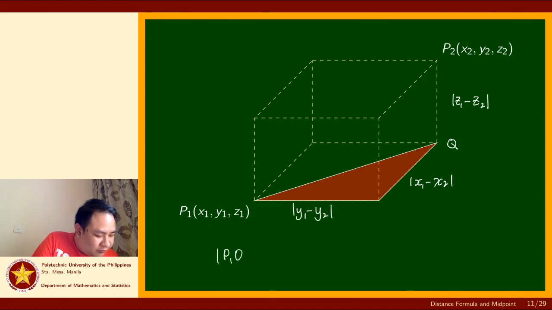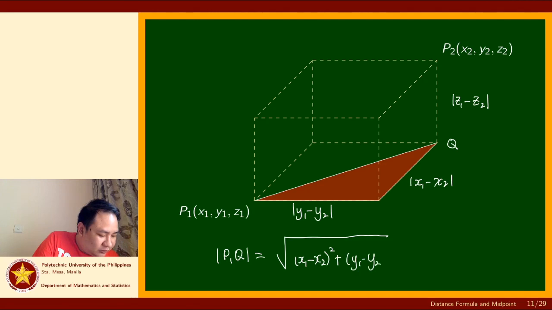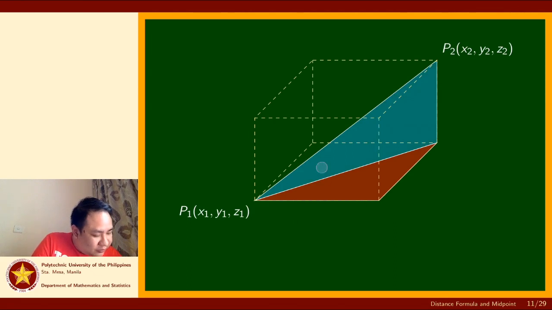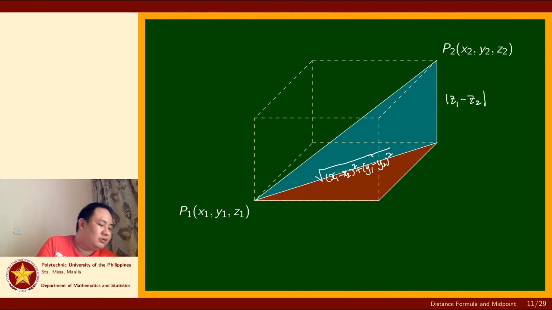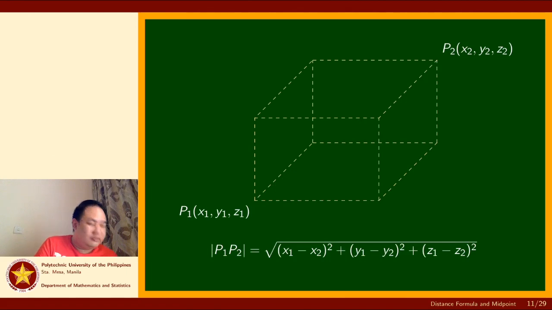By Pythagorean theorem, P1Q should be the square root of x1 minus x2 squared plus y1 minus y2 squared. Correct? So, having said that, this is the square root of x1 minus x2 squared plus y1 minus y2 squared. Having said that, and given that this is z1 minus z2, again using the Pythagorean theorem one more time, you can get the distance that we need.